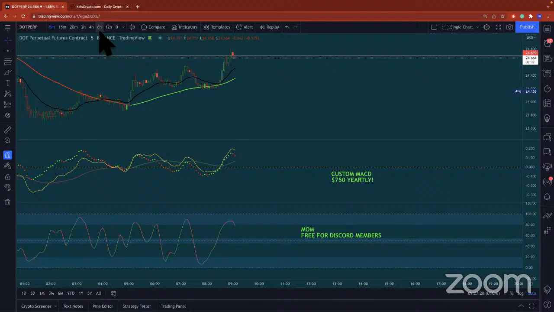If you're scalping or leverage trading, the 6-hour chart's not going to do you a bit of good, because you can go to the 6-hour chart, it can show bullish but also be in a bearish correction. So you got to be careful with that. If you're going to scalp, stay with lower time frames. An hour doesn't justify crypto because it moves too much. The 2-hour chart is my favorite.